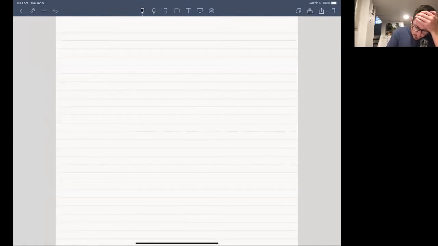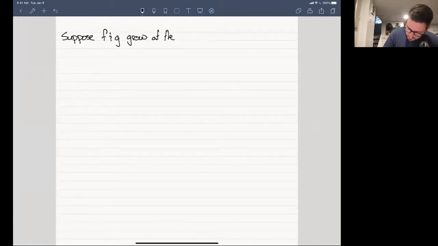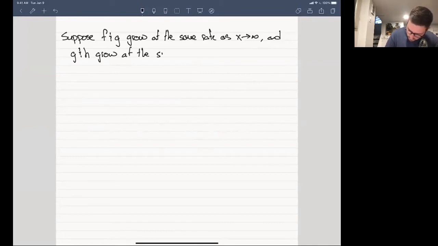So let's suppose f and g grow at the same rate as x goes to infinity, and g and h grow at the same rate as x goes to infinity.